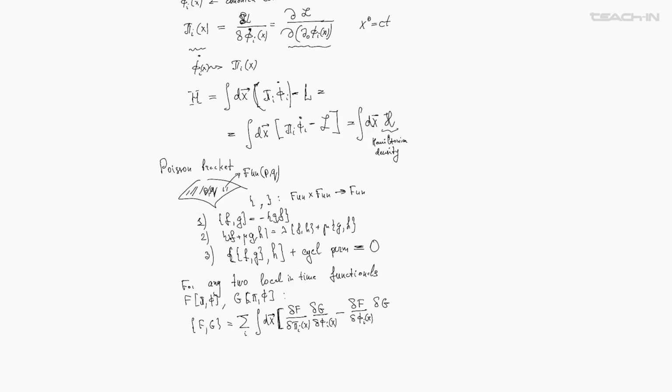Okay, so that's a definition of the canonical Poisson bracket over the space of functionals, which now depend on canonical coordinates and momenta.